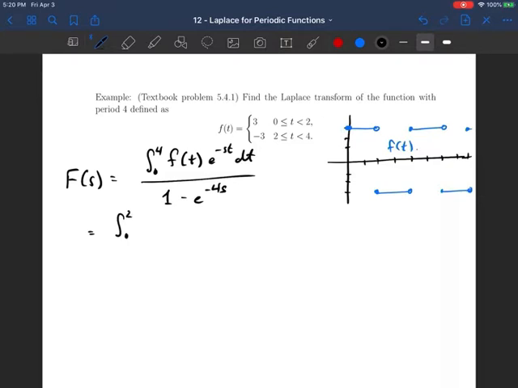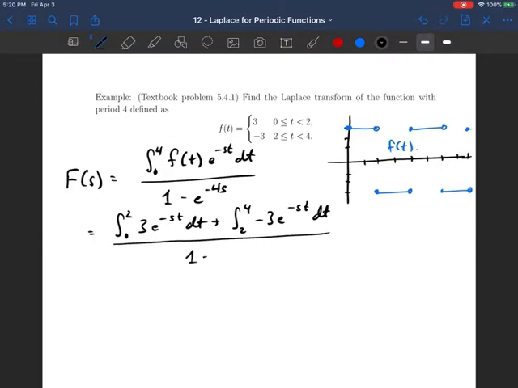Well, first of all, f is defined differently on 0 to 2 and 2 to 4, so we're going to break that into a couple of different integrals. From 0 to 2, it'll be 3 e to the minus st dt, plus the integral from 2 to 4 of minus 3 e to the minus st dt, and then all of that will be divided by 1 minus e to the minus 4s.